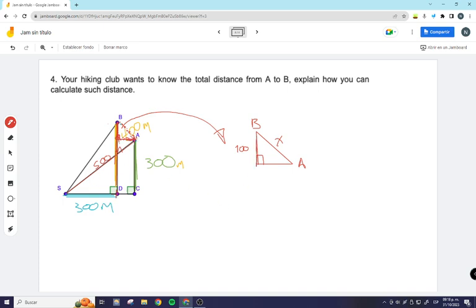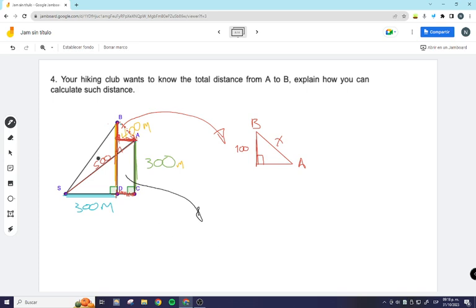And what happens with this one? This distance is the same as here, no? Well, actually, if we know that this is 300, and if we find the whole distance from S to C, we would be able to find a distance just subtracting S to C minus S to D. But in order to do that, we need to make again a Pythagorean theorem.